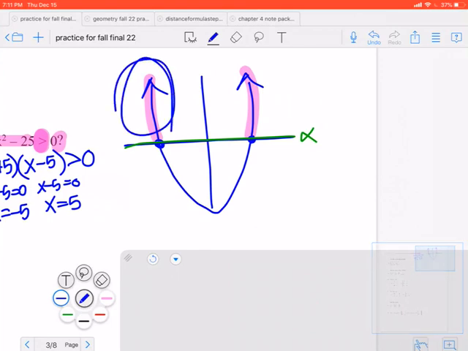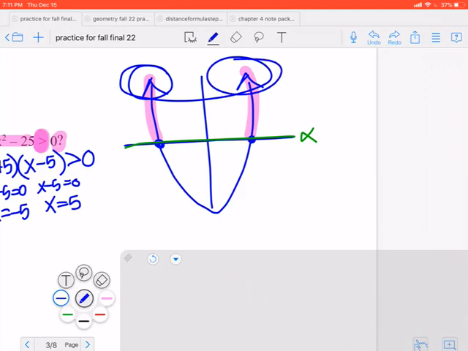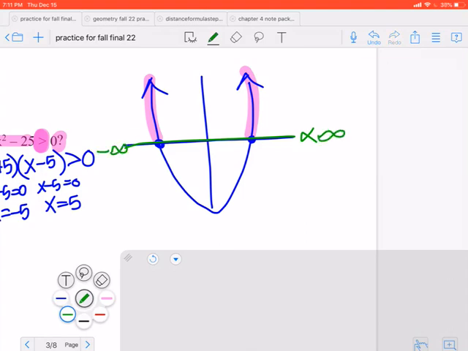So the section on the left, much like the other graph, it looks like they're going straight up, but they're ever so slightly going out, out, out forever. So it's going forever left and forever right on the other side. On our x-axis, -infinity on the left, +infinity on the right.